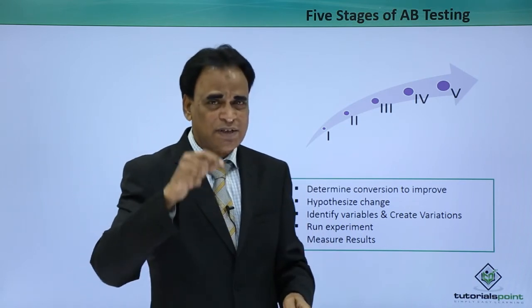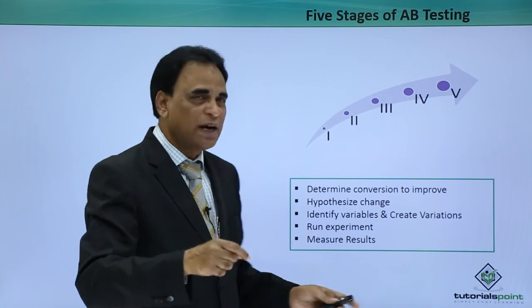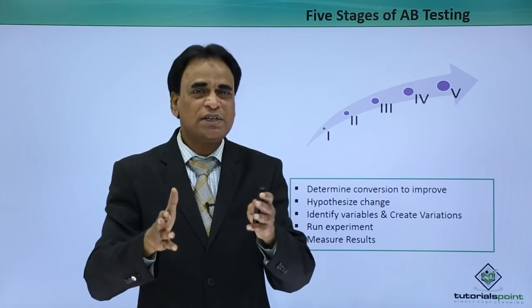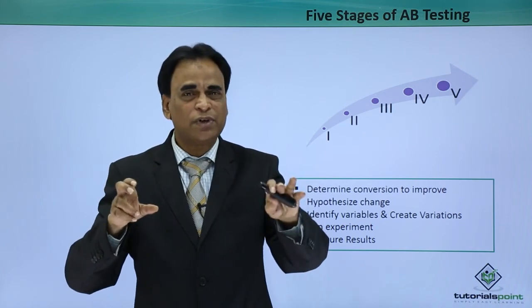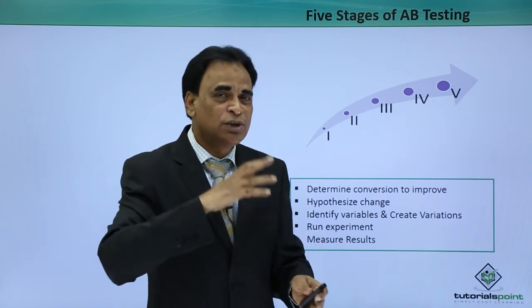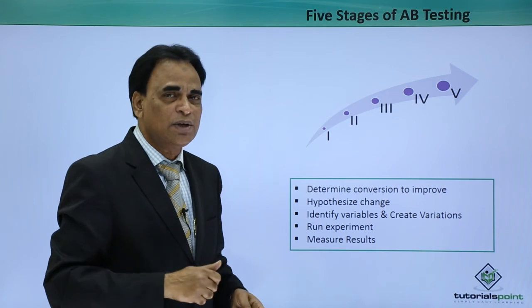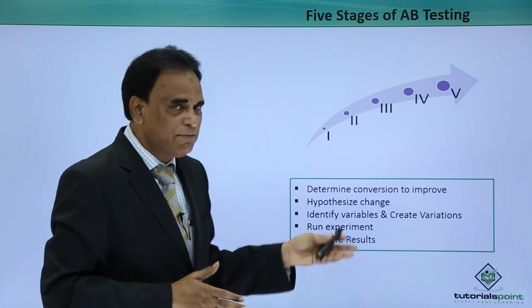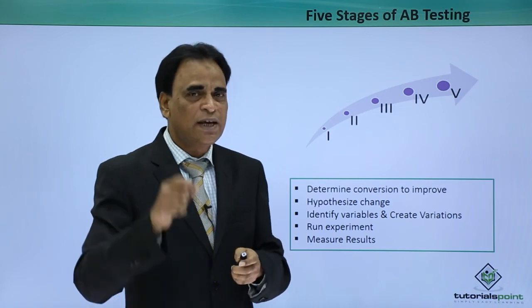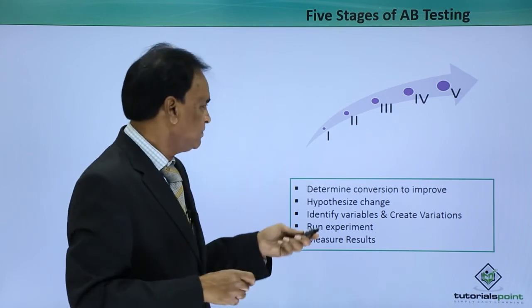Run the experiments after the variations, and you will be able to measure the results in terms of which page is working and which page is not working. Based on this analysis, you go on implementing your landing page executions. These are the 5 different stages of your A/B test building process.